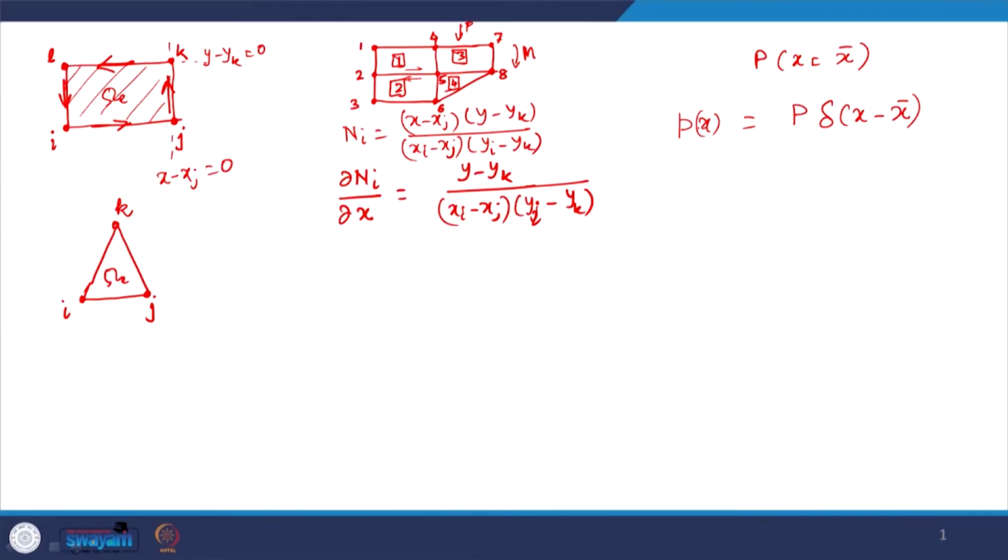The integrand will be evaluated by using the property of Dirac delta function, and that would result in point evaluation, sampling at x bar, and appropriately the calculations will be done. So, all that we need to do is substitute for T x the traction, instead of a continuous function, this variation of Dirac delta function at x bar, whatever the coordinates of x bar are.